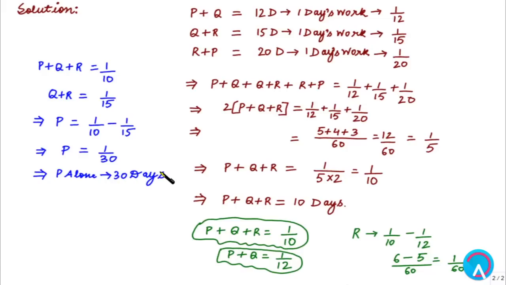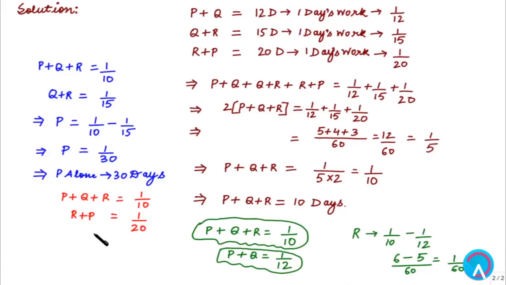And we found out for R, we found out for P, we can find this for Q also. Doing the same thing for Q, once again writing P plus Q plus R is equal to 1 by 10th. And R plus P we have found out to be 1 by 20.